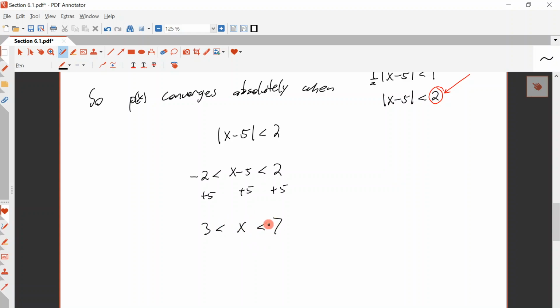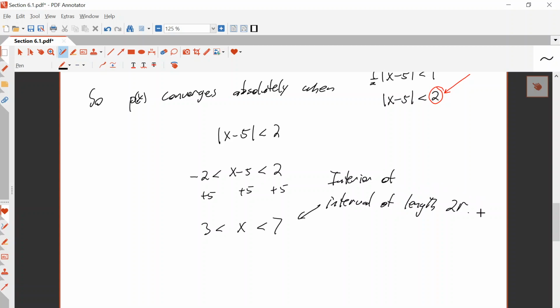So this is an interval of length 4, so radius 2, which is equal to 2r. So that's the interior of the interval of convergence.